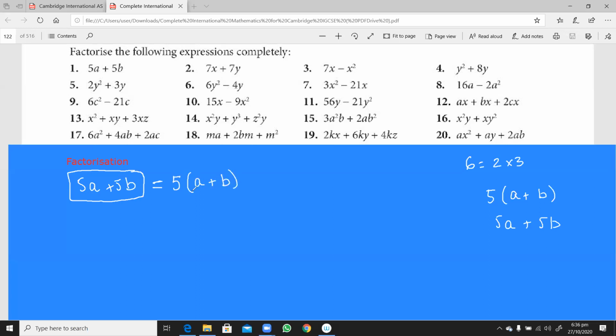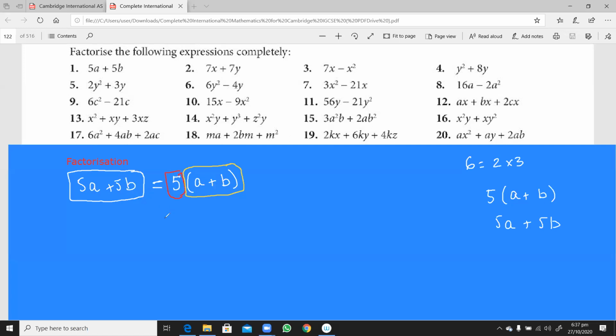This is what we say, that we have factorized 5a plus 5b. 5a plus 5b was one single algebraic expression. Now this is a product of 5, which is one expression, and another expression, a plus b. So when you have written 5a plus 5b as a product of 5 and a plus b, we have actually factorized.